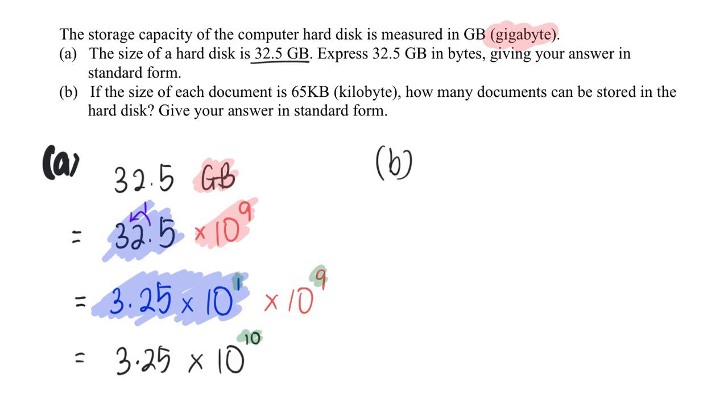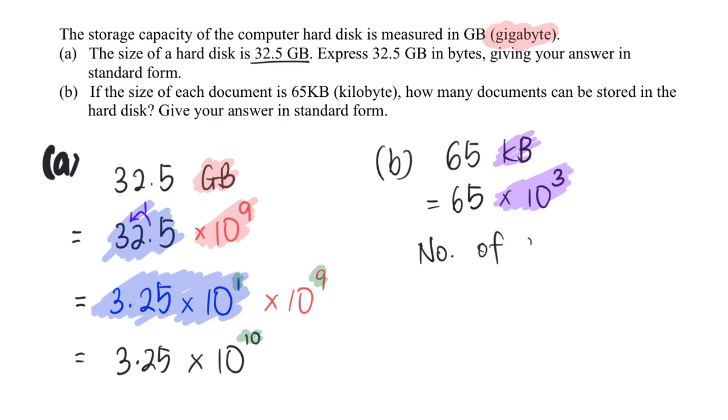Part B, the size of each document is 65 kilobyte. So 65 KB is simply 65. Kilo is 10 to the power of 3. How many documents then can we find? So the number of documents is simply equal to division, right?